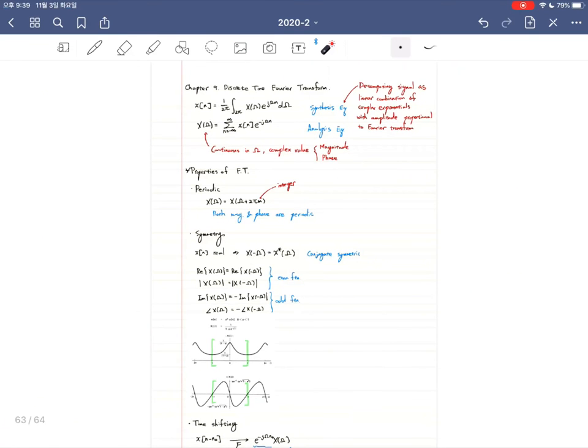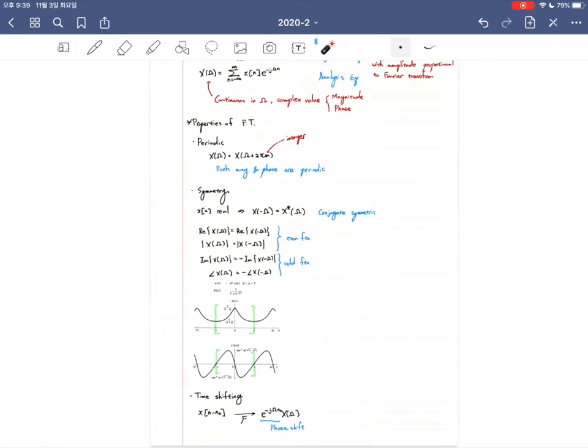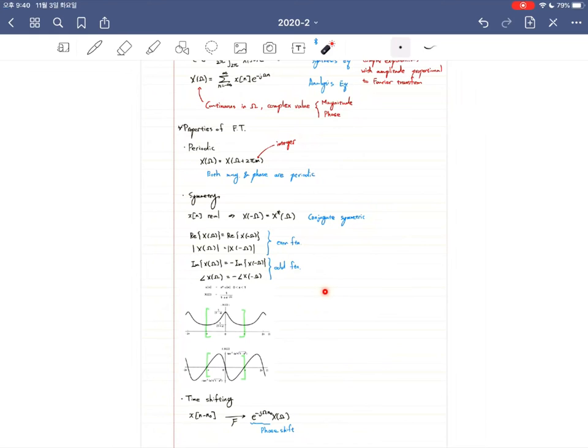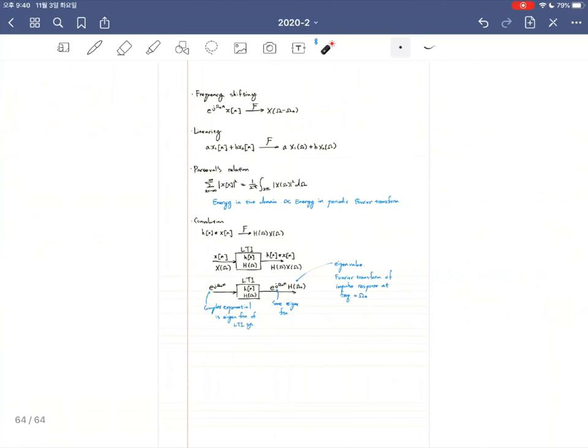There are a lot of same properties for continuous time and discrete time. However, there are some differences among them. So please keep that in mind, and we will continue our work in the next lecture.